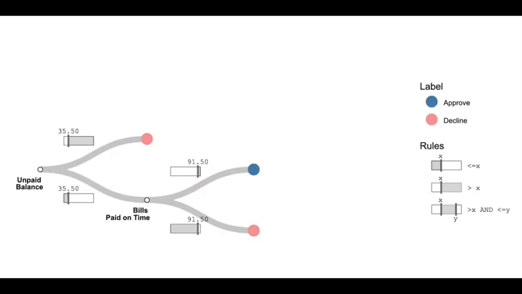When an application comes, if its unpaid balance is larger than 35.5, then the application is labeled with declined. Otherwise, if an application has a value of unpaid balance lower than or equal to 35.5 and bills paid on time larger than 91.5, then the assigned label is approved.